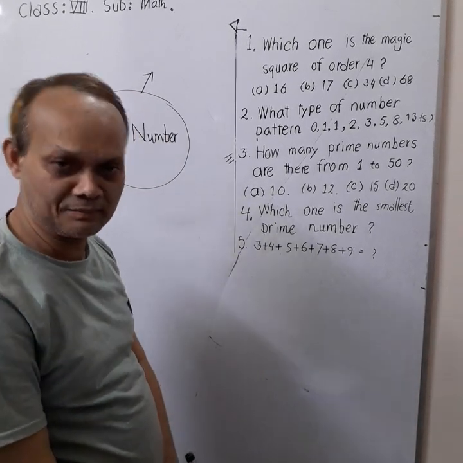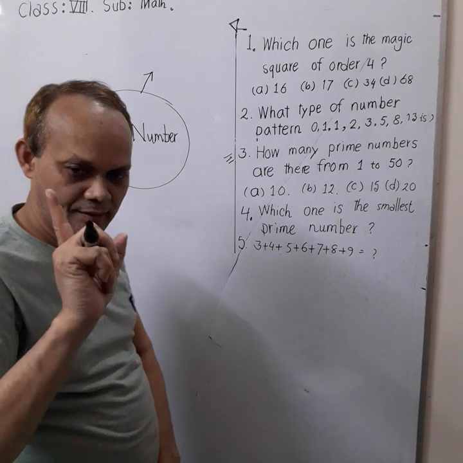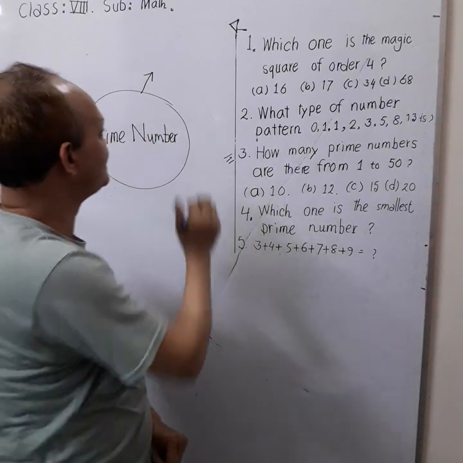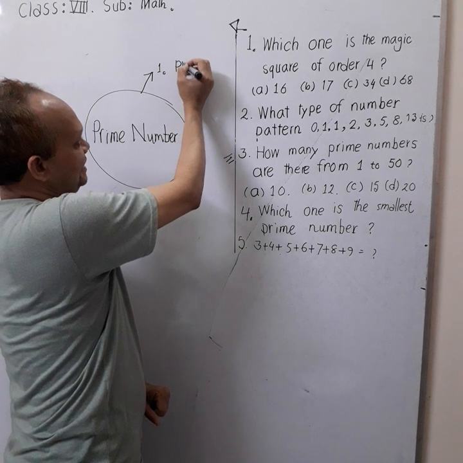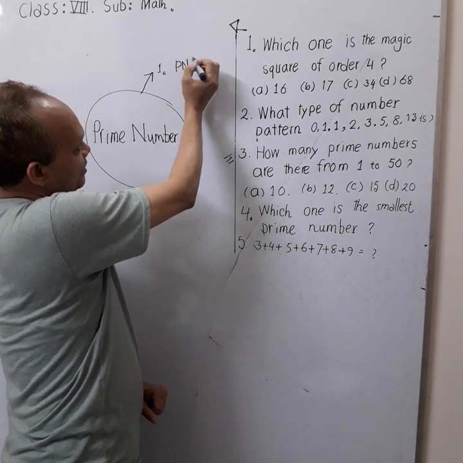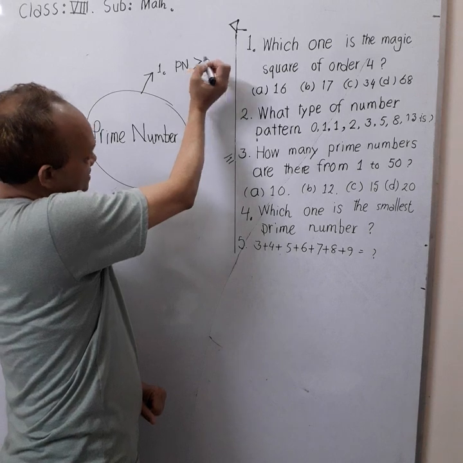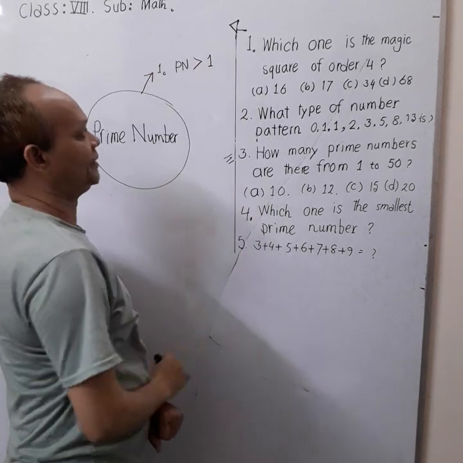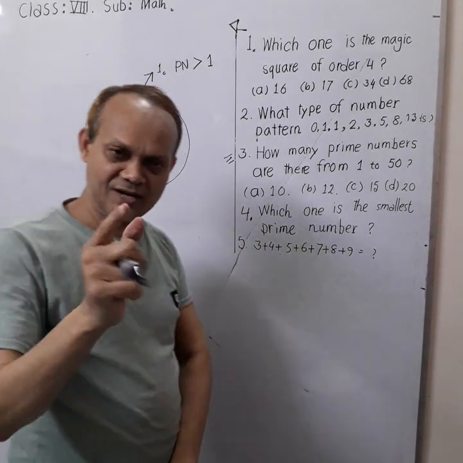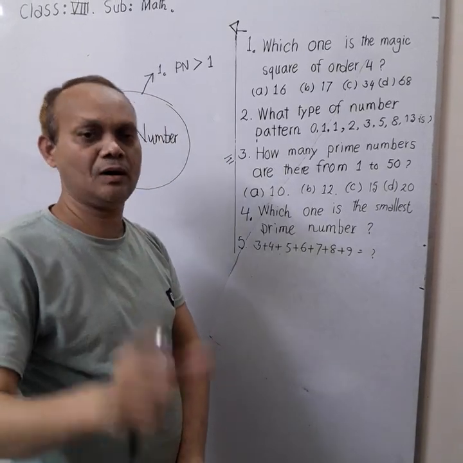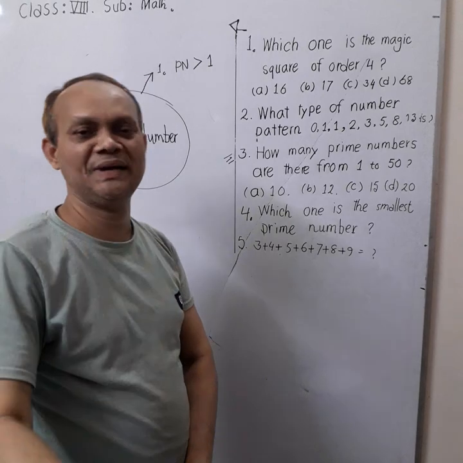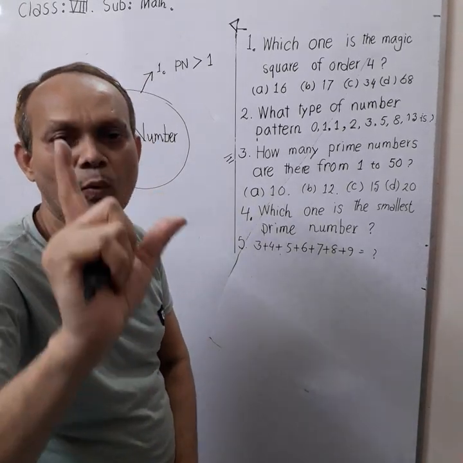Remember, first point is that a prime number will of course be greater than 1. Always try to remember, keep in your brain that a prime number will always be greater than 1.